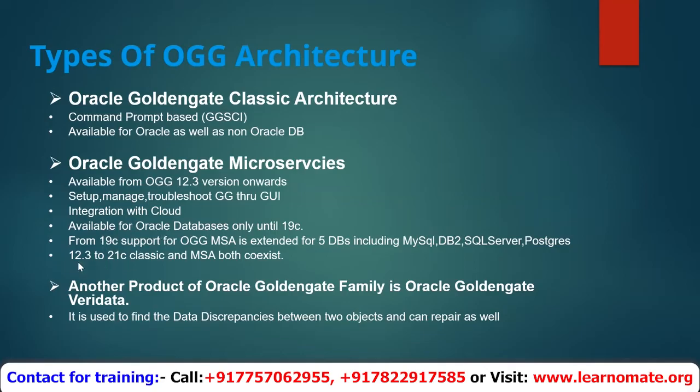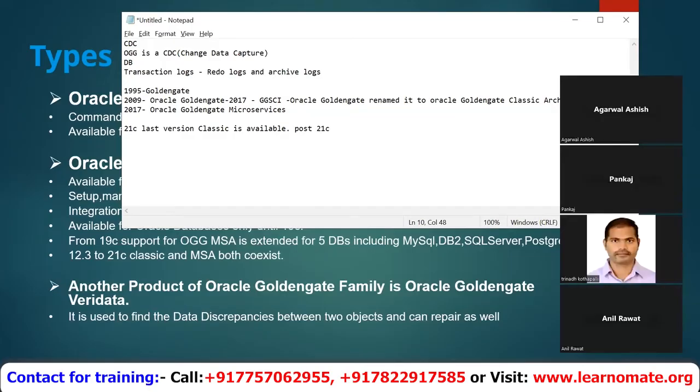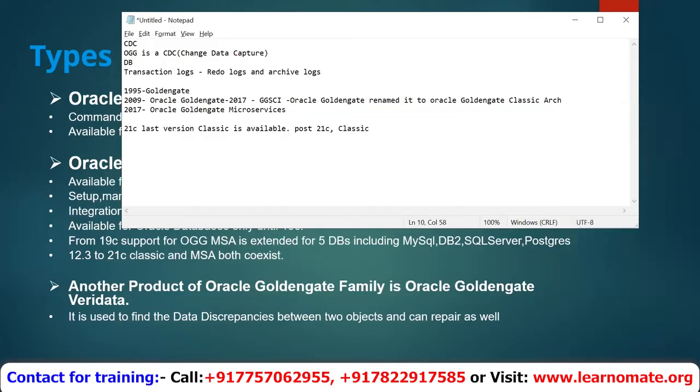Another important thing is, just to let you know, 21C is the last version where Classic is available. So post 21C, that means from 23C onwards, Classic architecture will be deprecated.